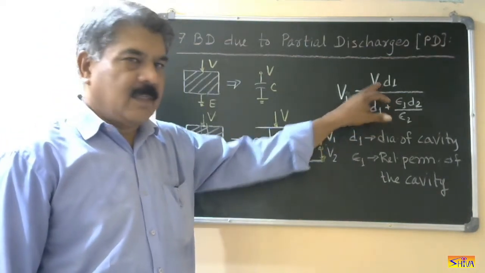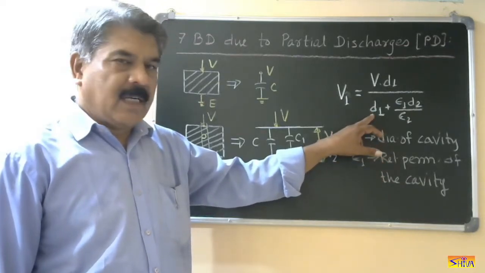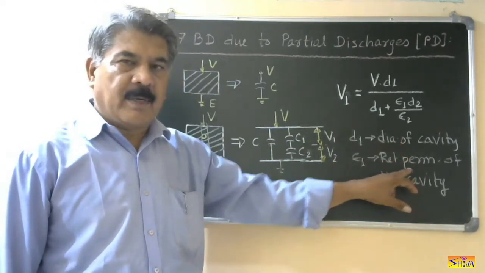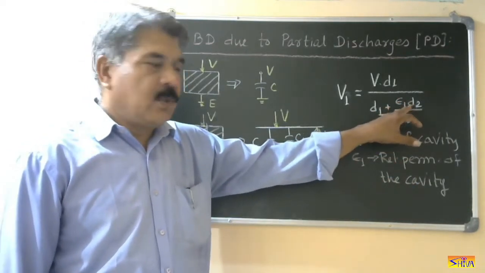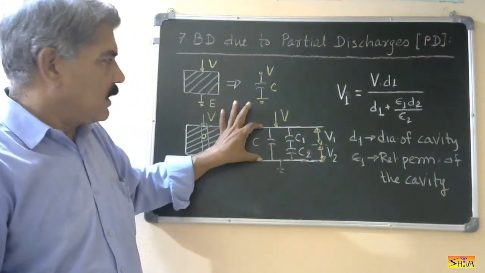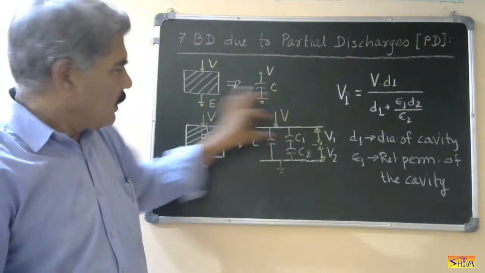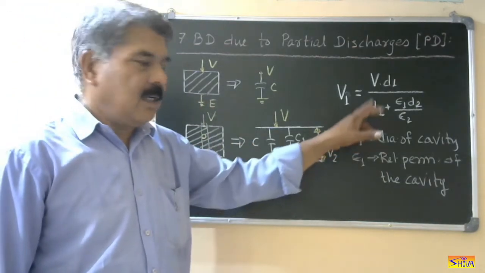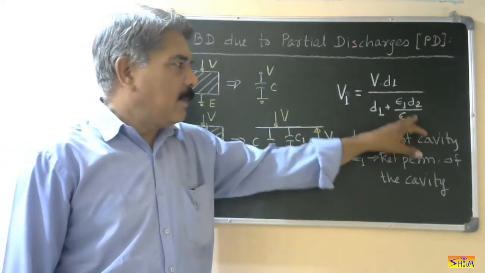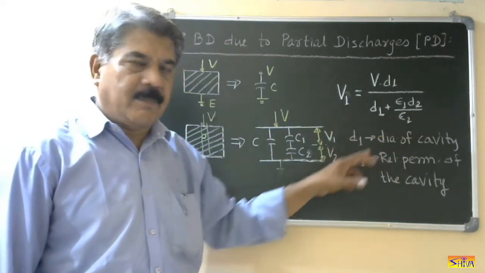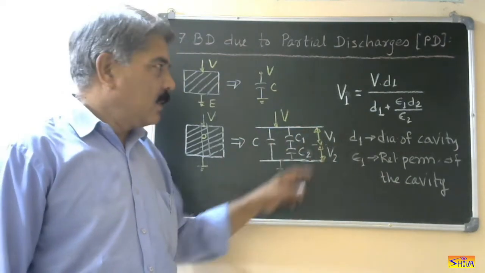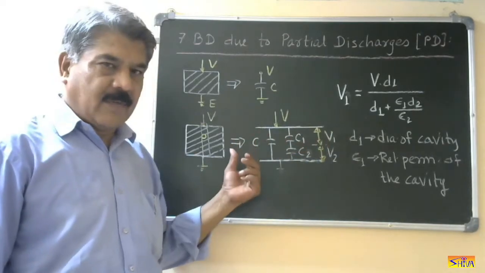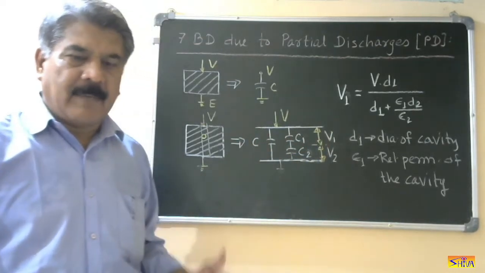So d1 is the diameter of the cavity divided by d1 plus epsilon 1, where epsilon 1 is the relative permittivity of the cavity, into d2. If this insulation has thickness d, and this is d1, then the remaining portion will be d2. d2 is d minus d1 divided by epsilon 2. Epsilon 2 is the relative permittivity of this insulation. So this is the expression for the voltage appearing across this cavity. Now I will explain the mechanism.